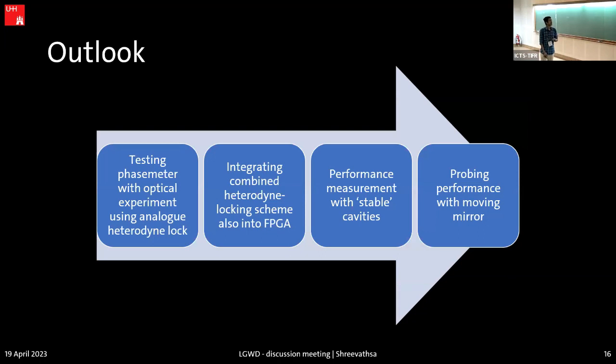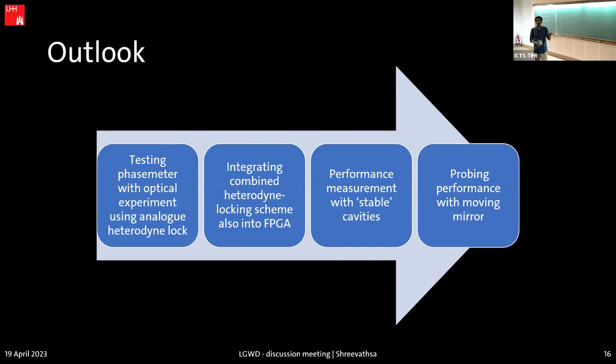So the outlook is we are trying to continue our work on the phasemeter, where we try to use the optical signal and track the heterodyne beat there, and integrate the heterodyne locking scheme into the FPGA as well. The experimental setup that I showed had this analog locking scheme with all mixers and so on.